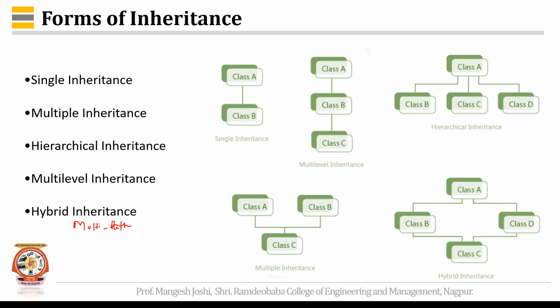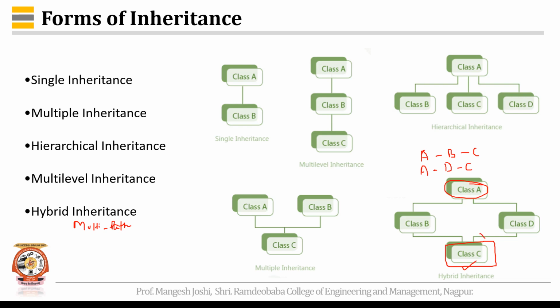So this hybrid inheritance is basically a multi-path inheritance, because if you observe, class C is deriving the elements of class A from 2 paths. One path is A to B and then B to C. Similarly, the class A content will be derived through A, then class D and then class C. So this is an example of multipath inheritance.